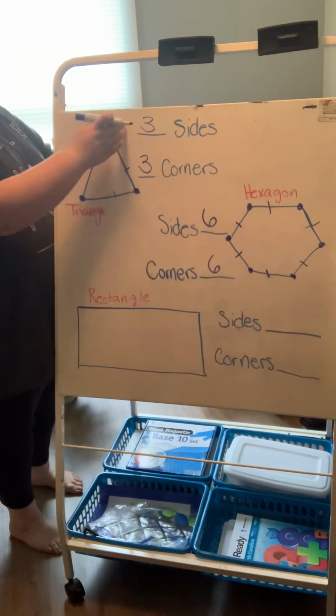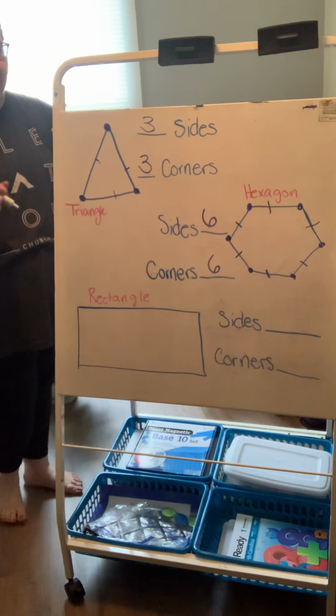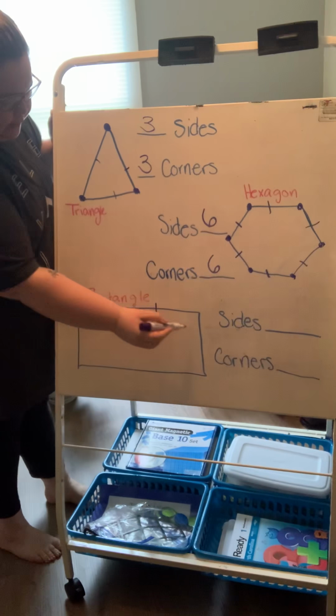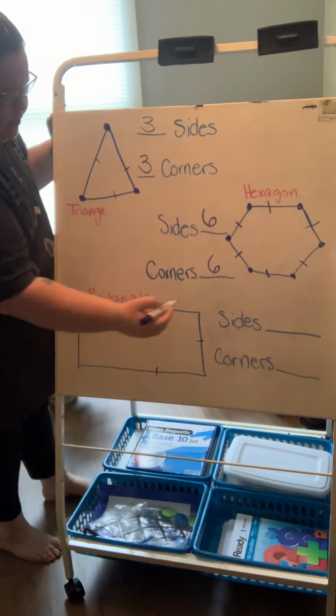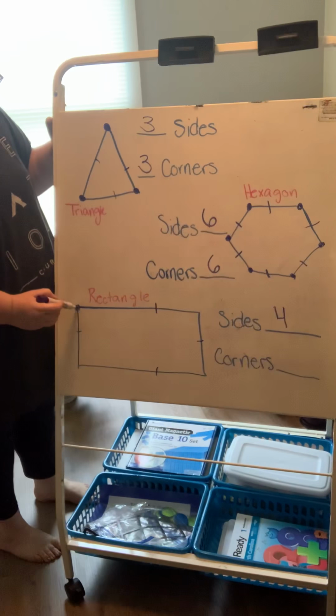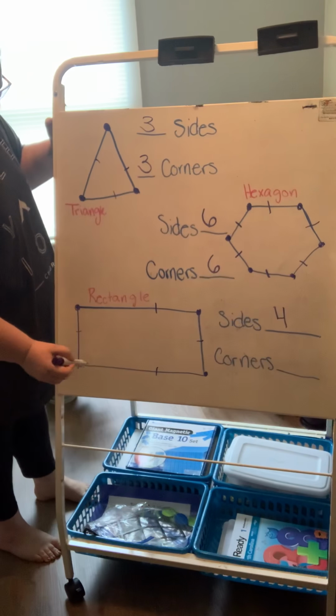Now, I hope that you're noticing a trend here with our numbers, but we're going to keep going down to the rectangle. So a rectangle also has 1, 2, 3, 4 sides, and it has 1, 2, 3, 4 corners.